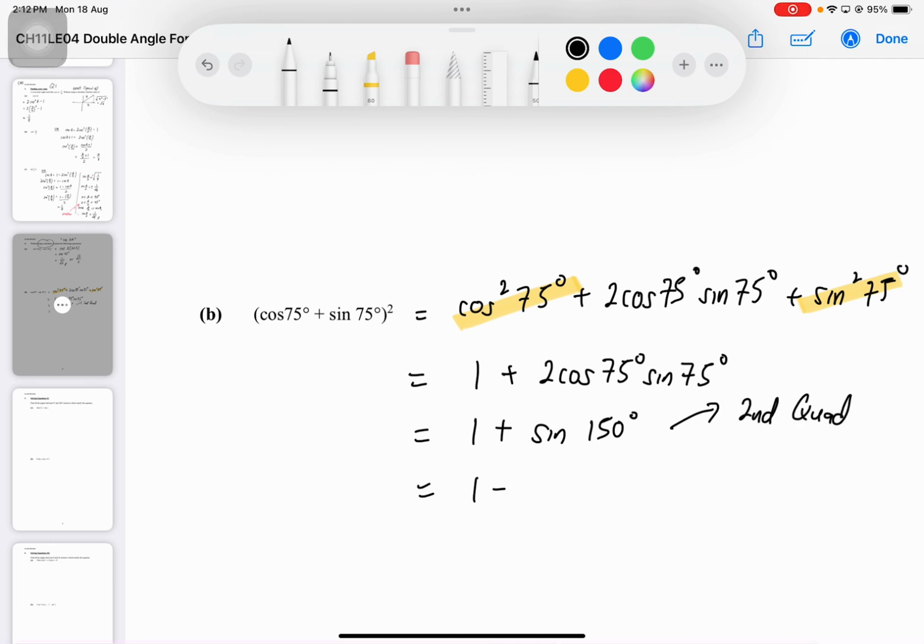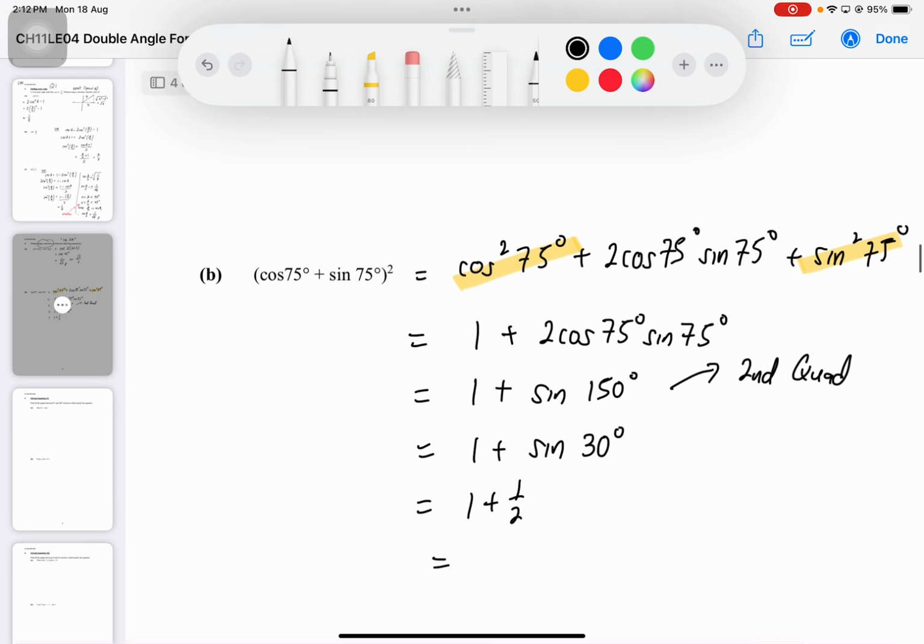This is the same as 1 plus sine 30 because the alpha is 30, and it will still be positive because it's in the second quadrant. What is sine 30? Sine 30 is half. So this is 1 plus half, or 1.5. Yes.